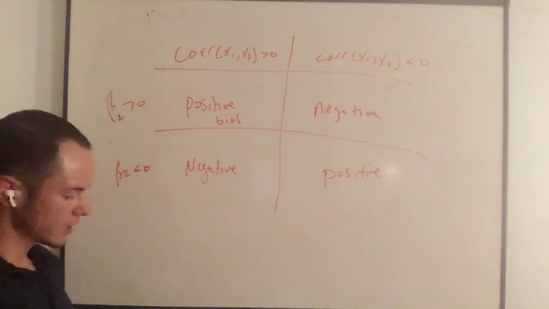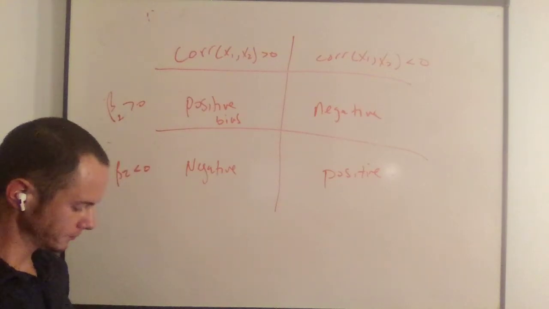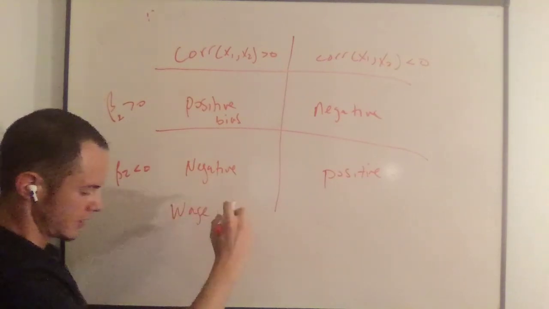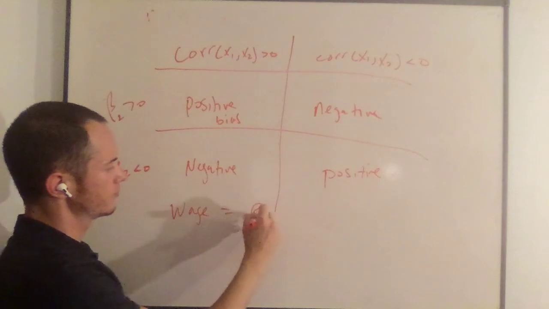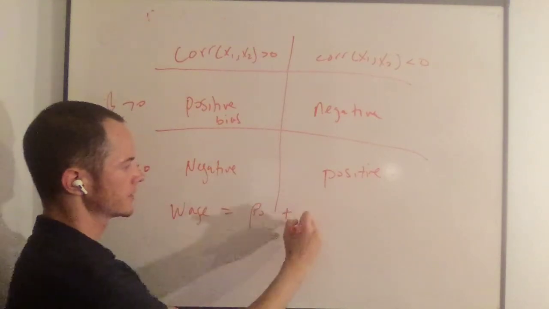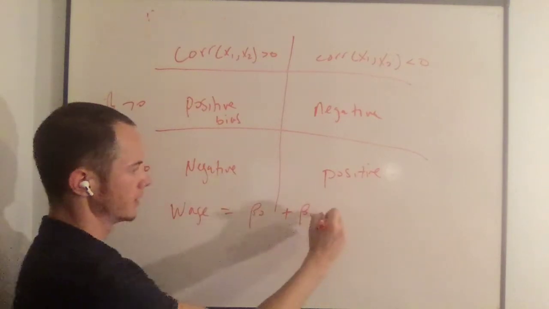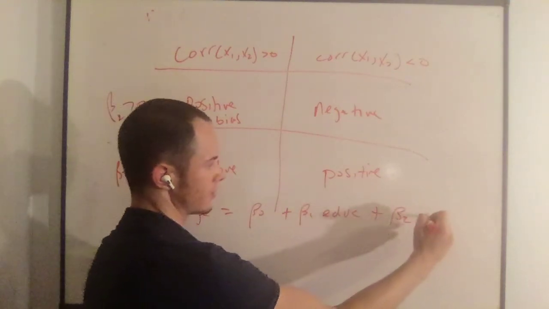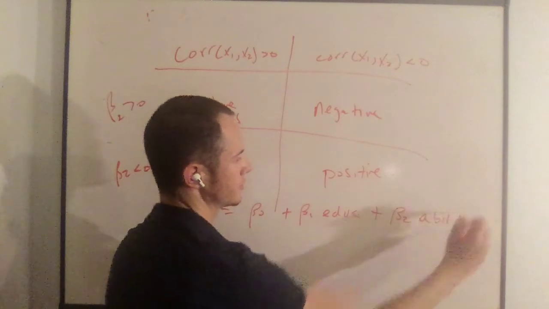Let's take a look at an example. Again, let's work with our wage equation: wage is equal to beta naught plus beta 1 times education plus beta 2 times ability plus u.